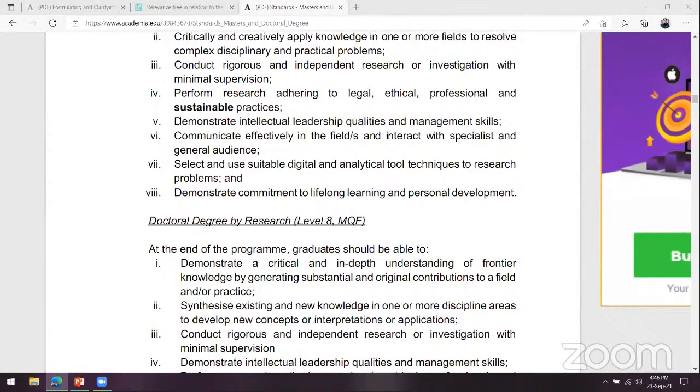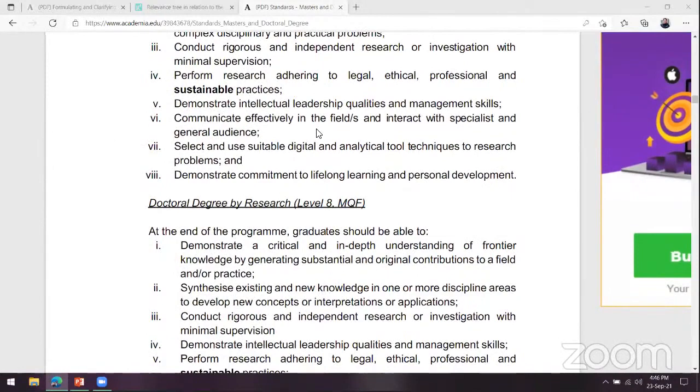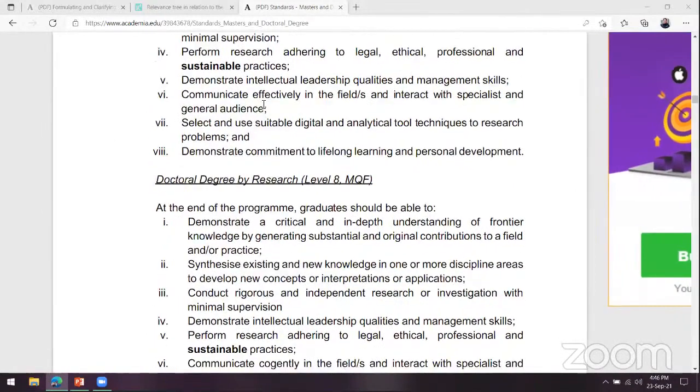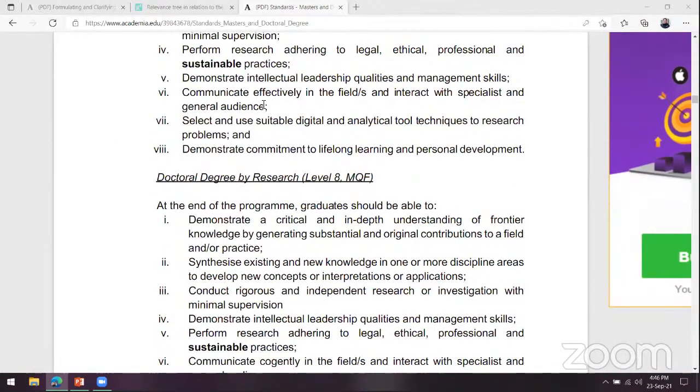Demonstrate intellectual leadership quality and management skills. Communicate effectively in the field and interact with specialists and also the general audience. So you're not only talking to your peers, your supervisors, or those in academia, you also need to be able to reach the general audience out there with the applications as well as the understanding.